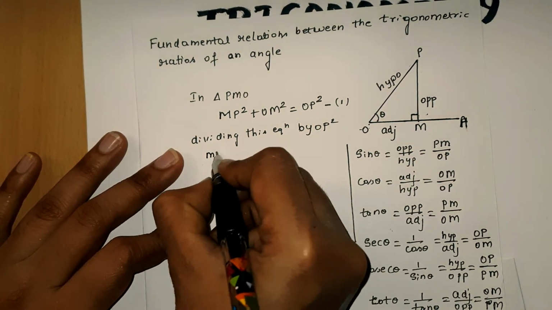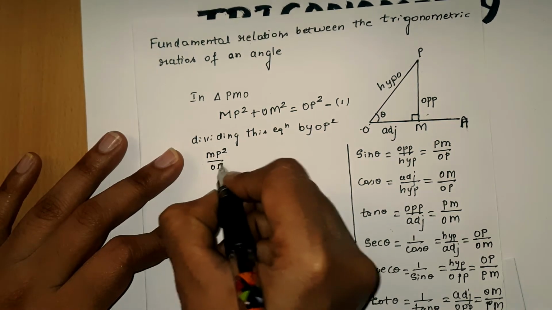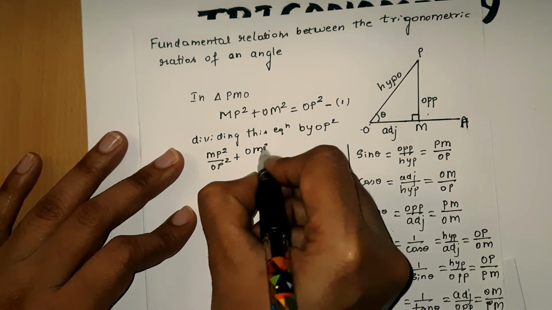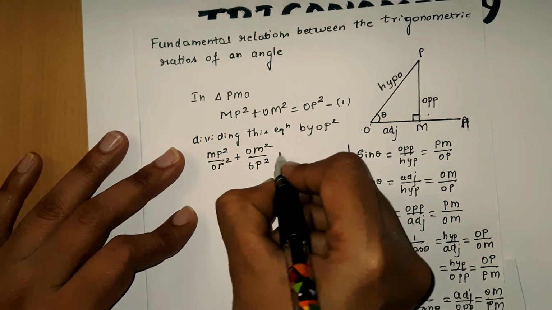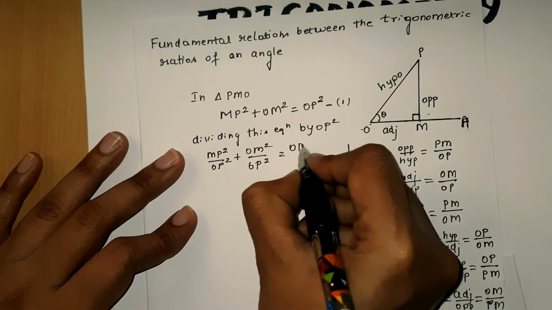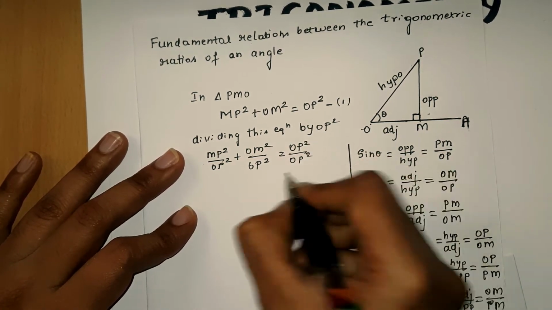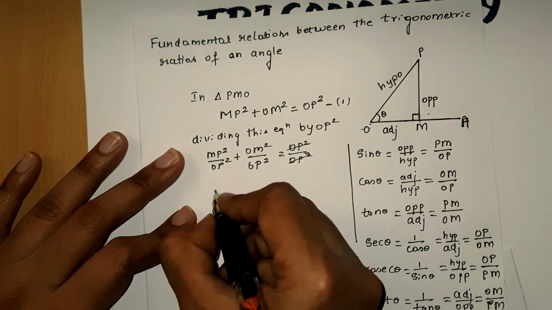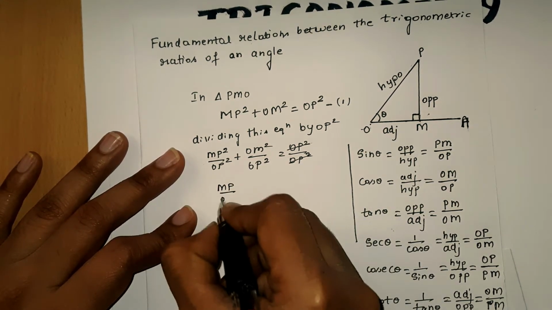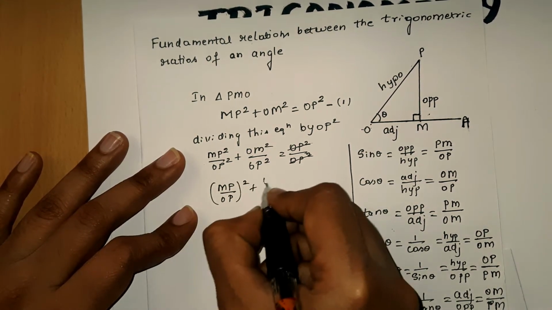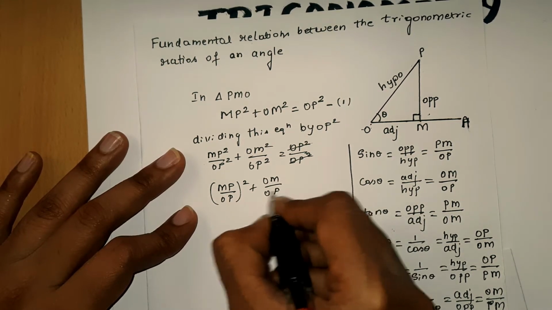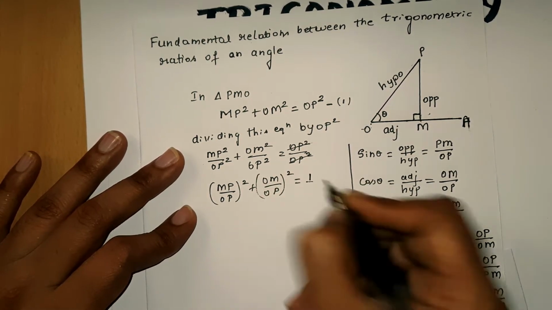So MP square by OP square plus OM square by OP square is equal to OP square by OP square. These two cancel. So this can be written as (MP by OP) whole square plus (OM by OP) whole square, which is equal to 1.